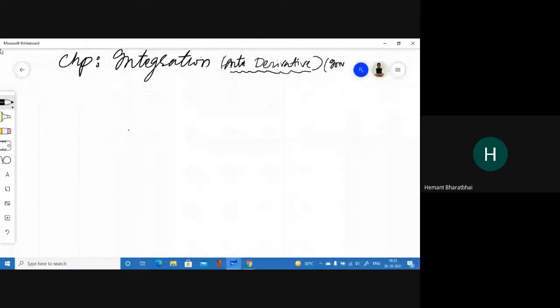If you just remember, we have seen relations and functions, so we have seen inverse functions also. So integration can be considered as an inverse function of derivative. Strictly speaking, it's not exactly that, but loosely I can say that if derivative is a function, then integration is the inverse of that.